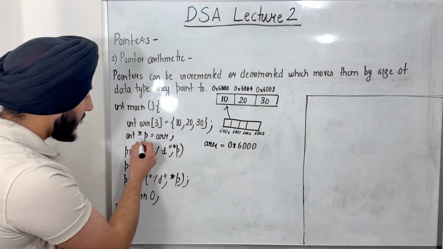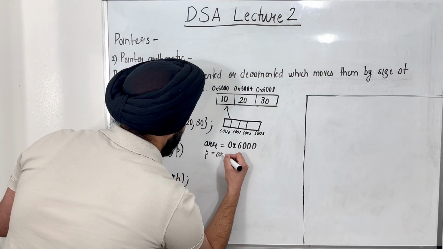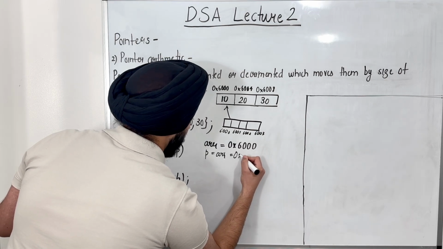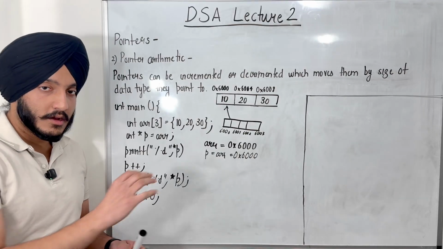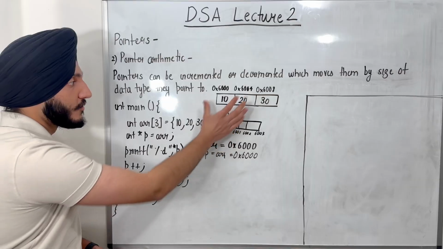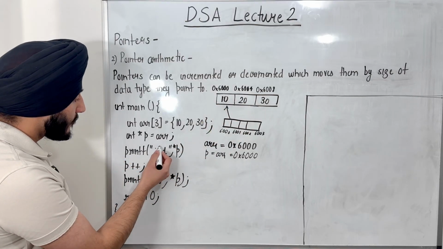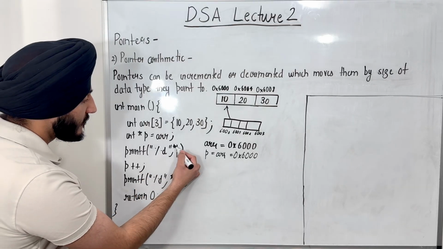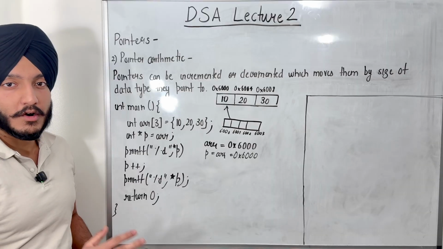So when I write int star p equal ARR, this would set p equal to ARR, which is equal to 0x6000. So in very simple words, now this value p would actually point to that address, or point to this array over here. Second thing I do is I print %d star p. So let's pause the video and try to understand what exactly would be printed.